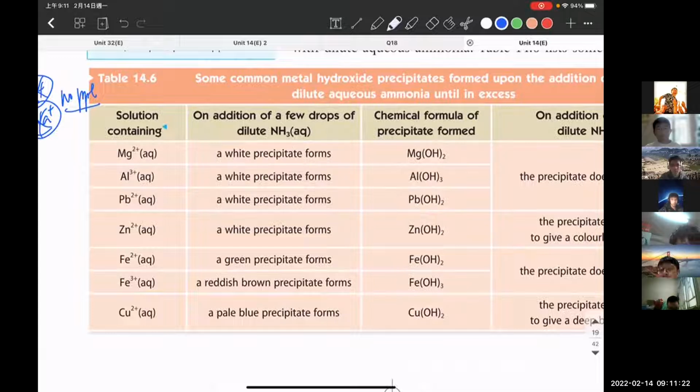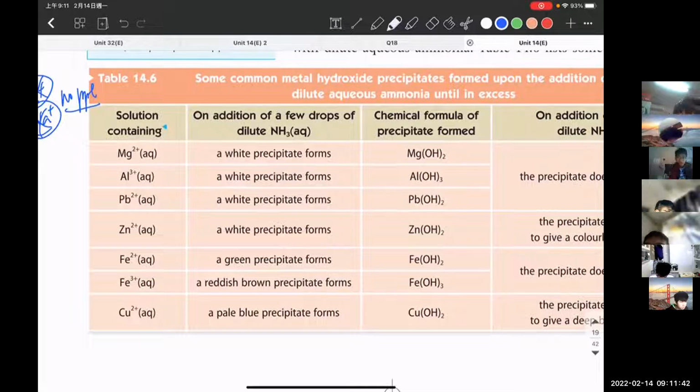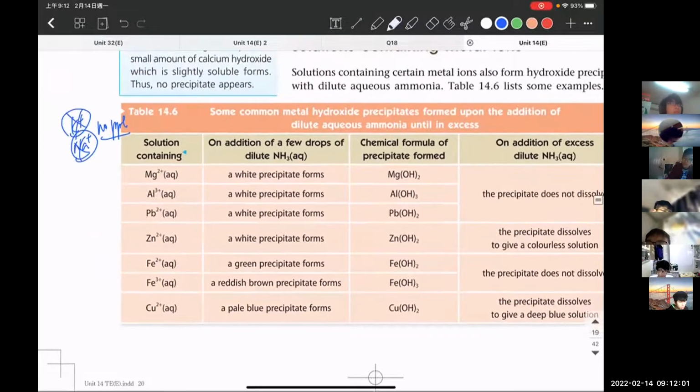Can you find it? Then compare with page 18. Calcium. Which metal ion? Yeah, calcium ion is missing.